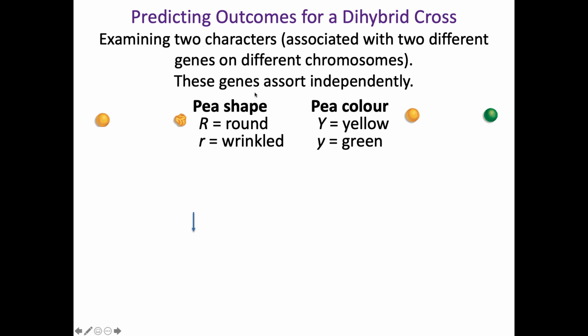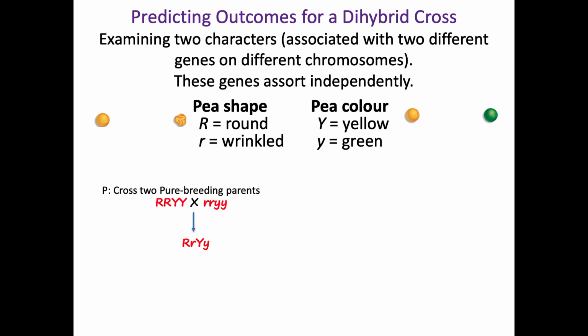In this case, we're looking at pea shape and pea color. Pea shape, as you know, has 2 alleles, one that codes for a round shape and one that codes for a wrinkled shape. Pea color can also vary. It's controlled by a different gene, and it has 2 alleles, one that codes for yellow and one that codes for green peas. And the yellow allele is dominant over the green allele.